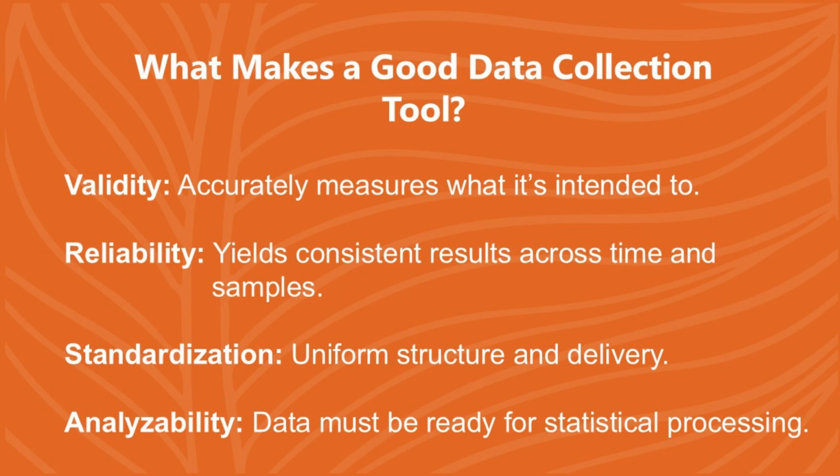First, it must be valid, meaning it measures what it's supposed to measure. Next, it must be reliable, so it gives consistent results across different times or groups. Standardization is key for uniformity, ensuring all respondents are treated the same. Lastly, the tool should be easy to analyze, meaning the responses can be easily converted into numbers and processed statistically.